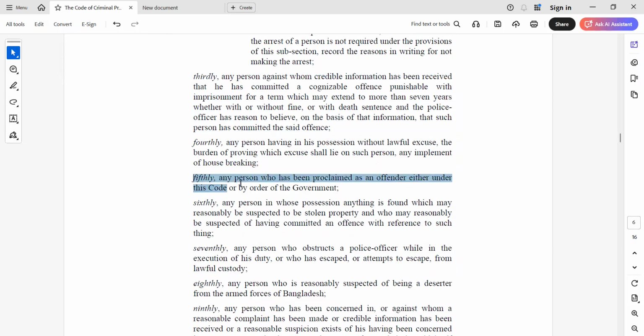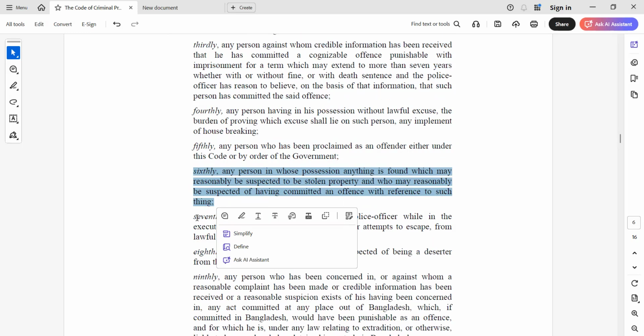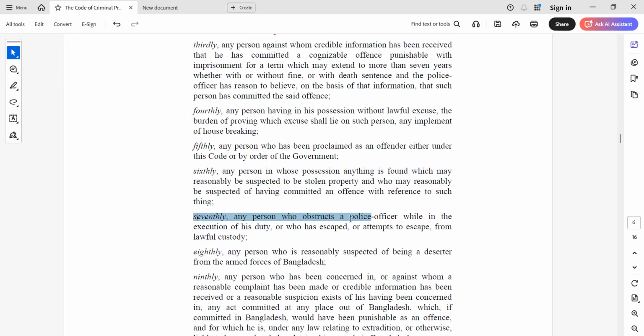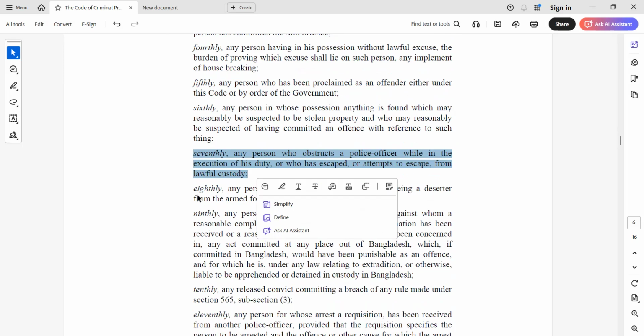Fifthly, any person who has been proclaimed as an offender either under this code or by order of the government. Sixthly, any person in whose possession anything is found which may reasonably be suspected to be stolen property and who may reasonably be suspected of having committed an offense with reference to such thing. Seventhly, any person who obstructs a police officer while in execution of his duty or who has escaped or attempts to escape from lawful custody.